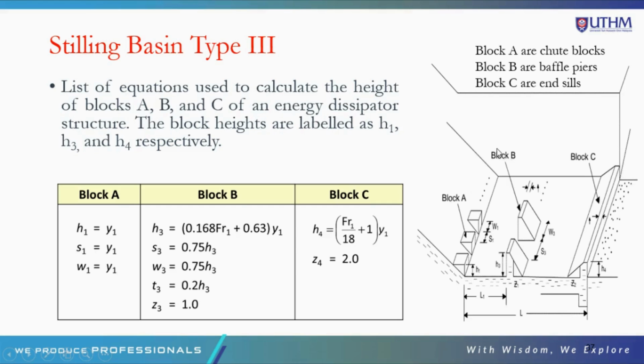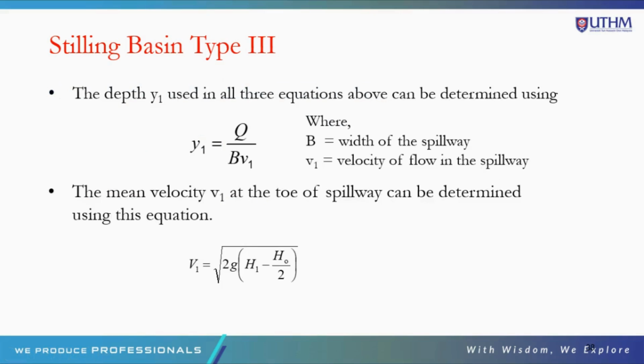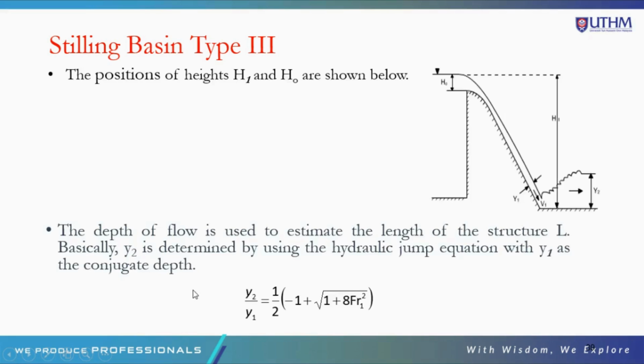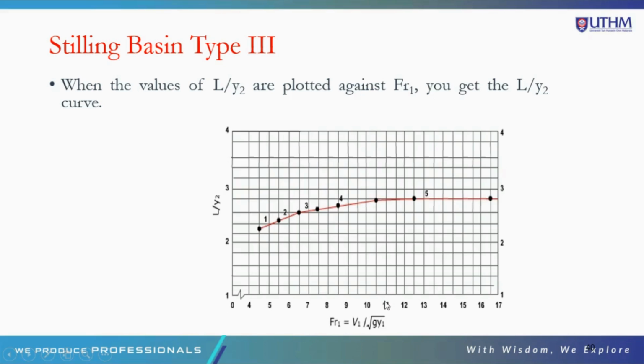We design each block and calculate the length and size of the Stilling basin. This is the basic y and velocity, so we need to calculate parameters such as y and L.